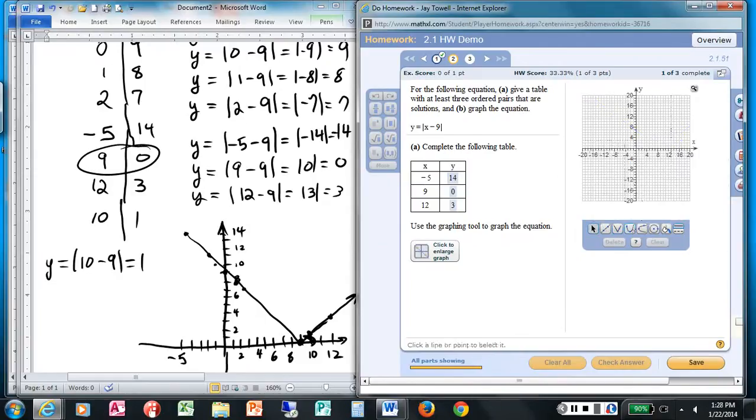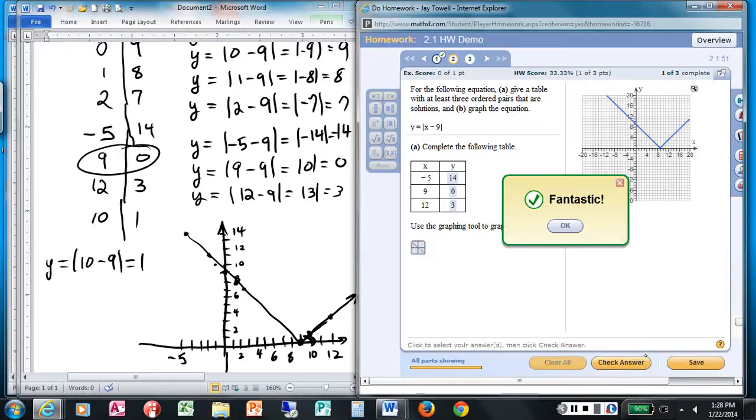Maybe not. Real tricky here. 9, 0. All right, let's see if I did get that in there. Correct.